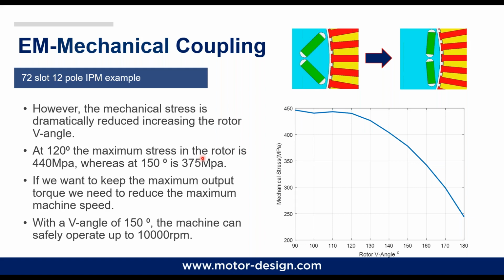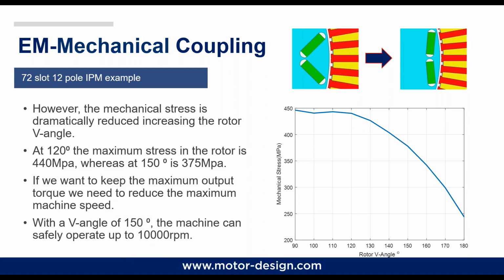Therefore, if we want to keep the maximum deliverable torque by the machine, what we need to do is to reduce the maximum speed at which the machine can operate. So for example, this machine that I'm considering here can safely operate up to 10,000 RPM with a V angle of 150 degrees.